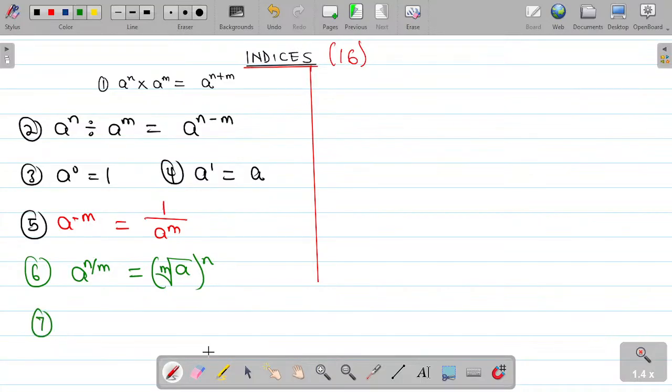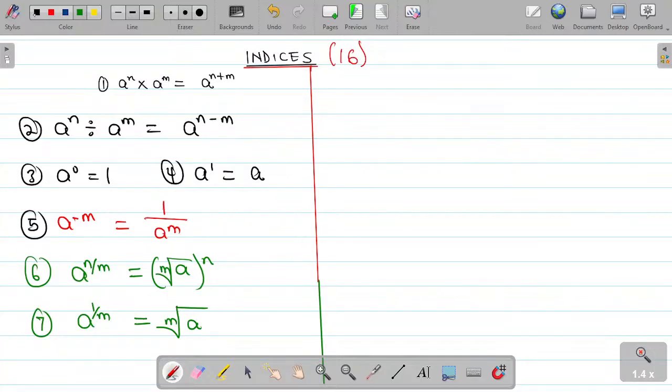Number 7, let's assume that your numerator is particularly 1. Then this is the same thing as just the mth root of a. Of course, when you raise it to power 1, it will still be the same because of this rule.